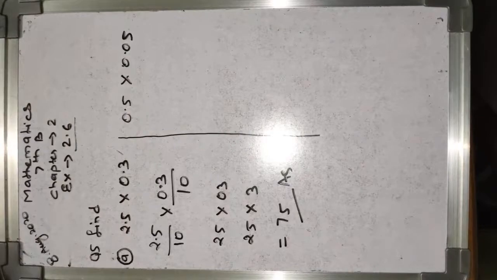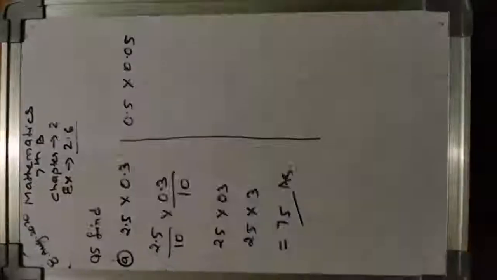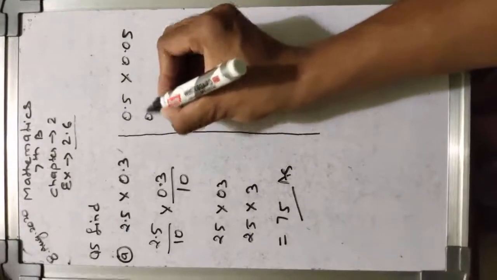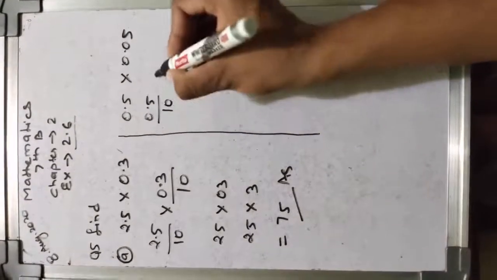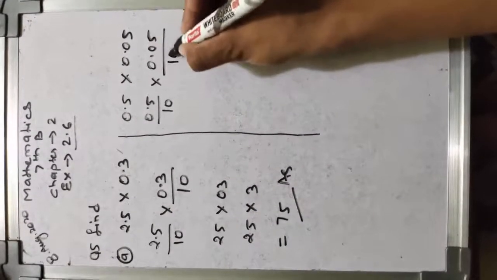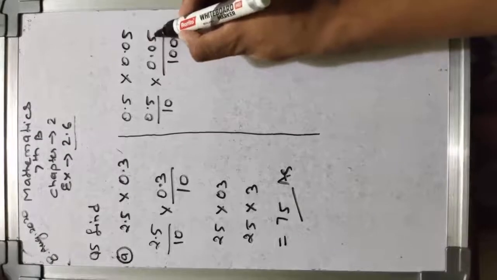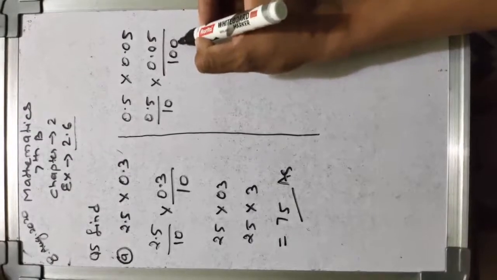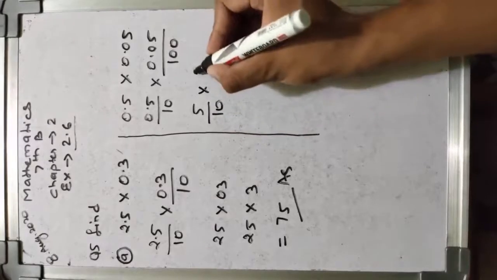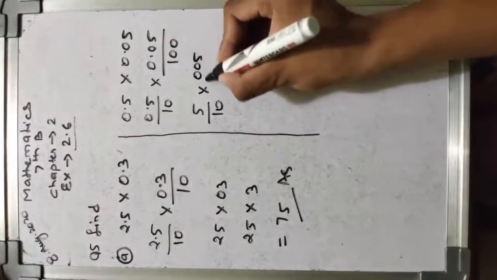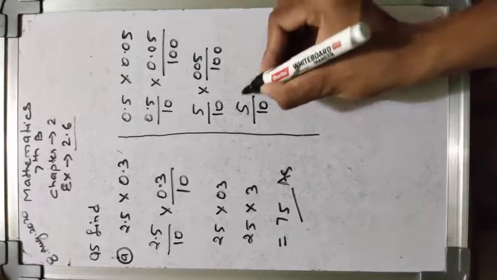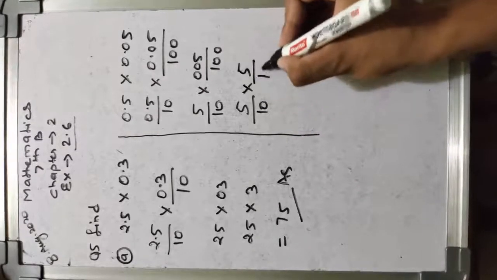Okay, again here is 0.5 and 0.05. So 5 divided by 10 multiplied by 5 divided by 100, because there are two digits after the decimal, so that's why two zeros.